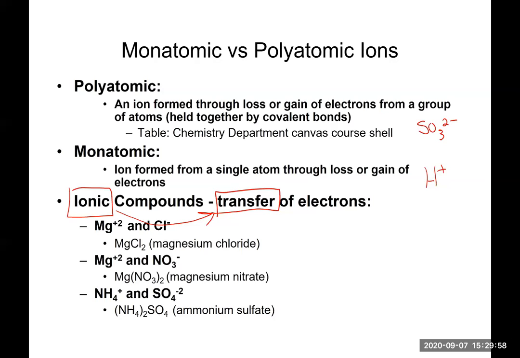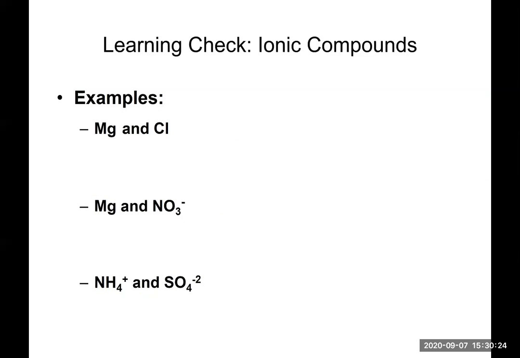So for example, if we had magnesium, which is a metal, reacting with chlorine, which is a nonmetal, we could form magnesium chloride by transfer of an electron or 2 electrons. Magnesium reacting with nitrate, we could transfer electrons, we would form magnesium nitrate. Or ammonium reacting with sulfate, we would form ammonium sulfate. Let's look at how that works.